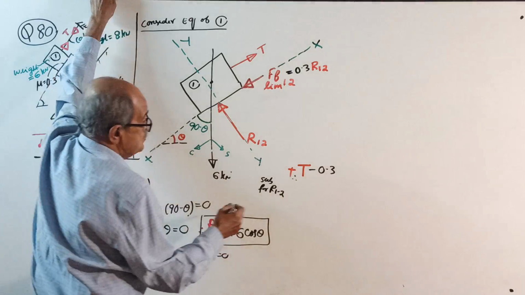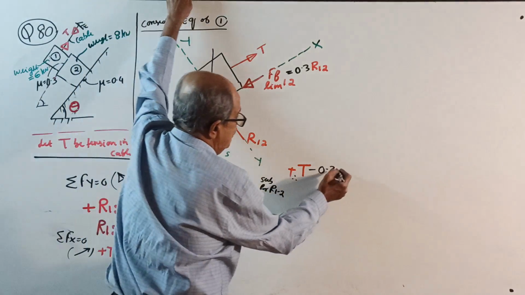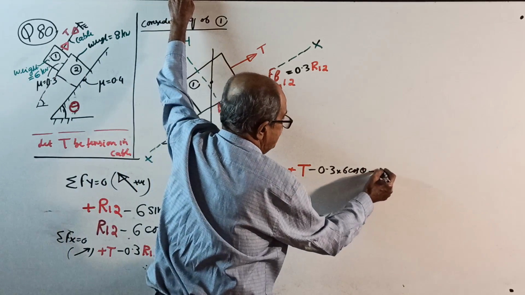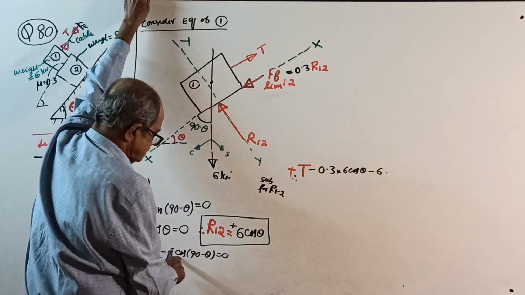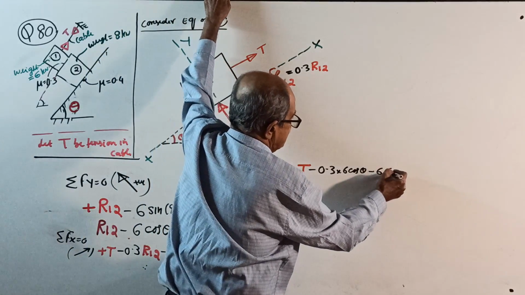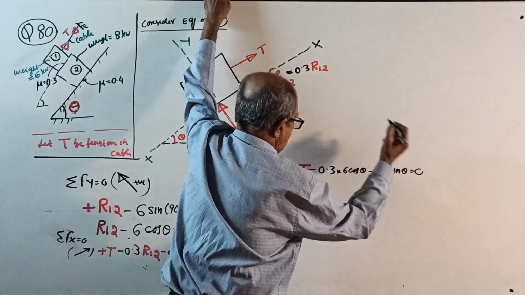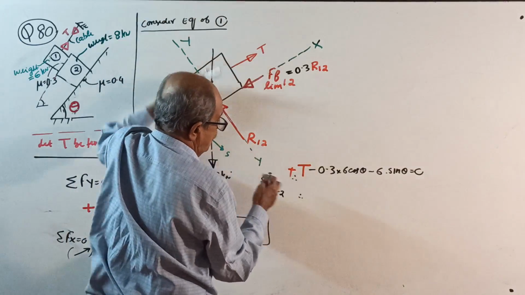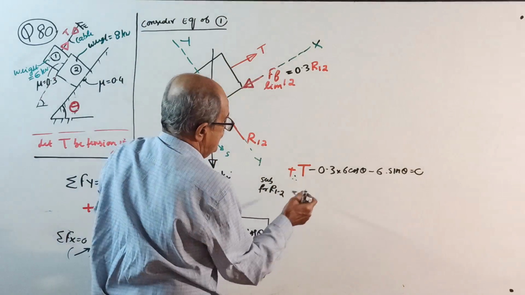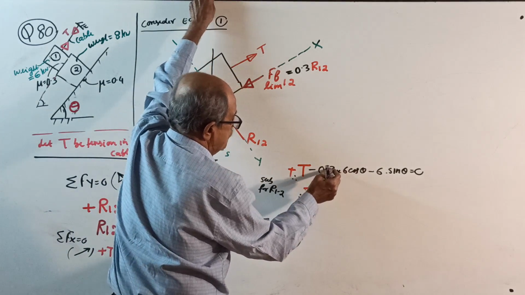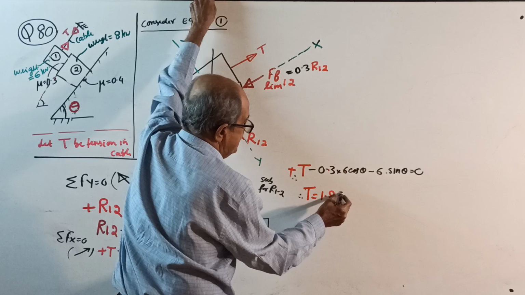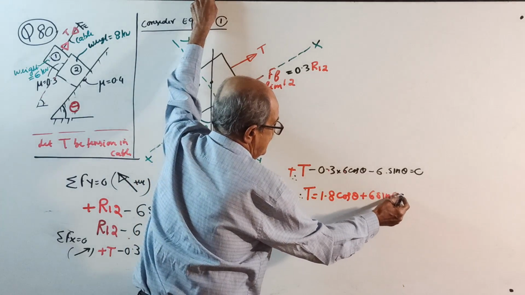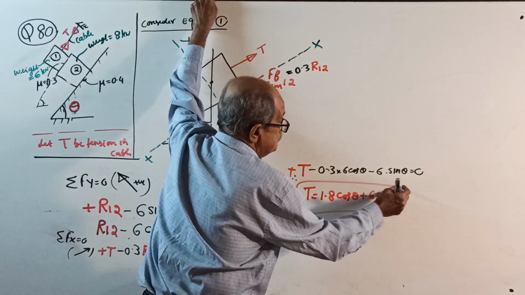R12 is how much? 6 cos theta. 0.3 into 6 cos theta minus 6 into cos 90 minus theta, which is sin theta, equal to 0. Therefore, your T will be 6 into 0.3, 1.8 into cos theta plus 6 into sin theta. This T you cannot get now.